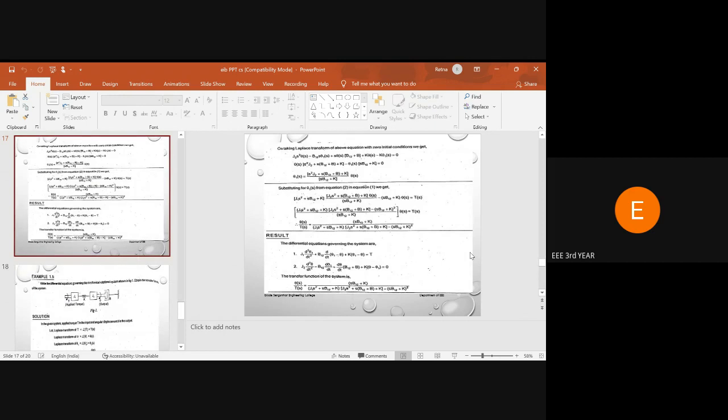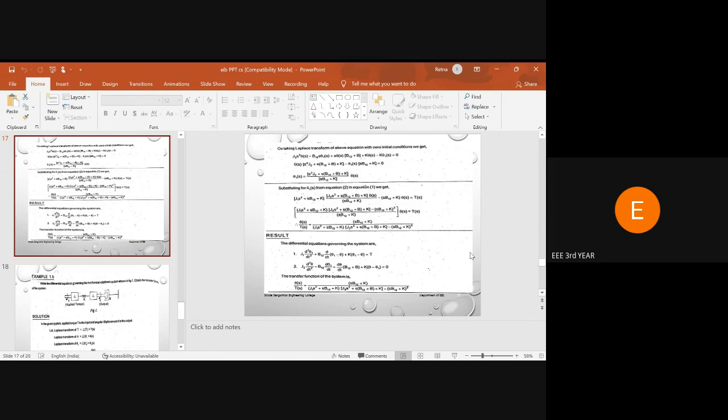On taking the Laplace transform of the above equation, we get J2 into s square theta of s minus B12 s theta 1 of s plus s into theta of s into (B12 plus B) plus K into theta of s minus K into theta 1 of s equal to 0. Just rearrange this equation. Finally, we get theta 1 of s equal to (s square J2 plus s into (B12 plus B) plus K) divided by (s into B12 plus K) into theta of s.